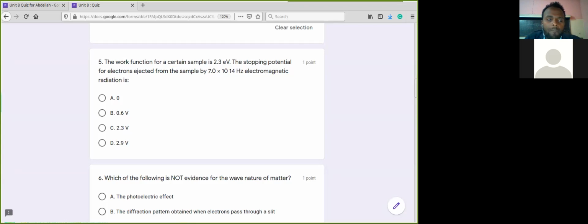Therefore, from the photoelectric effect, the energy of the photon is the same as the work function plus the kinetic energy, where the kinetic energy is the same as the stopping potential times the electron charge, yes? From that expression, you can calculate the maximum kinetic energy, and the maximum kinetic energy divided by the charge on the electron gives the stopping potential.